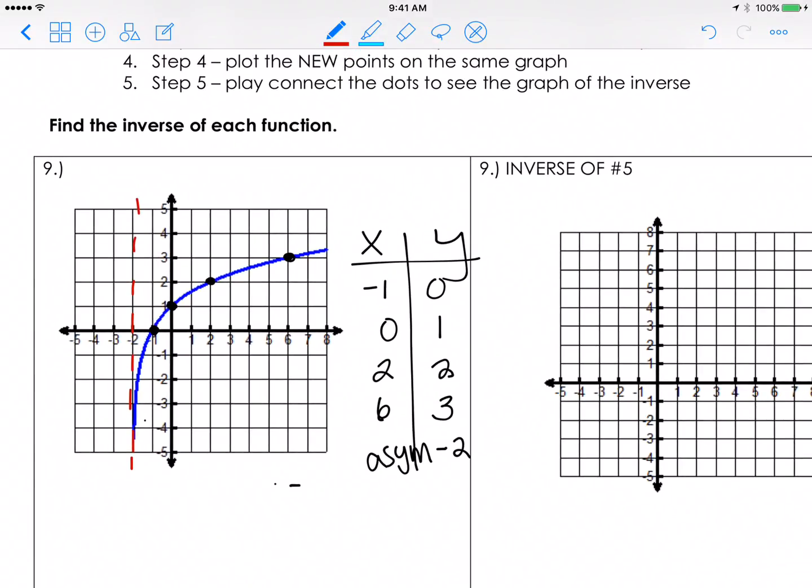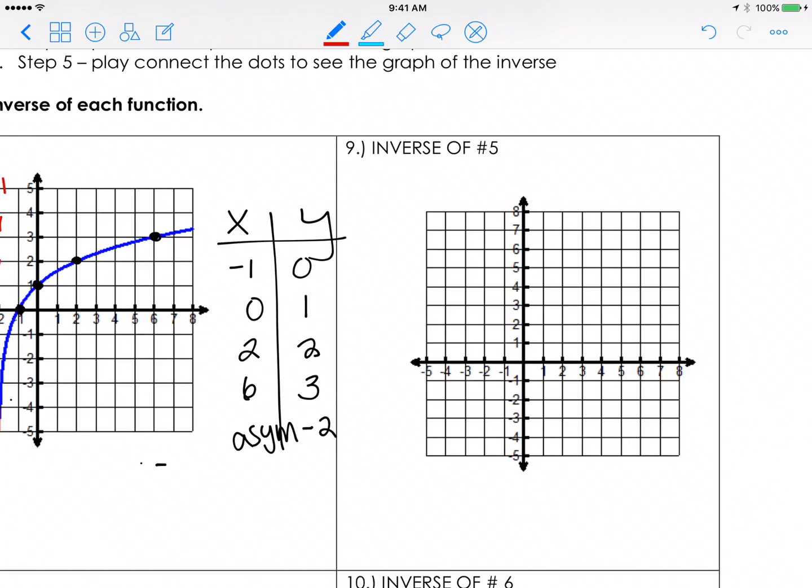Okay, so if we have a vertical asymptote at negative 2, on our inverse we're going to have a horizontal asymptote at negative 2. So let's go ahead and draw that in first. That's probably going to help us the most. So now we're going to take our graph and switch our x's and y's.